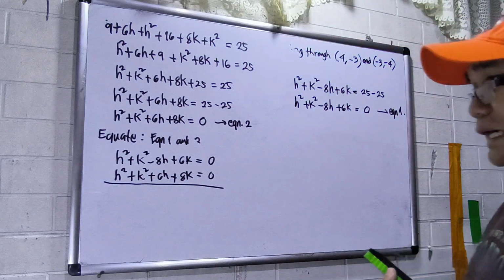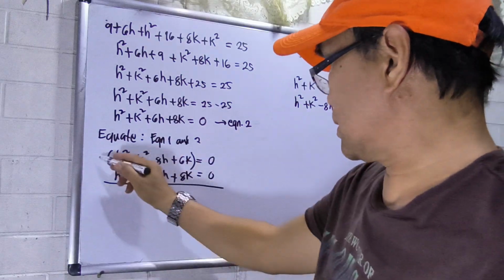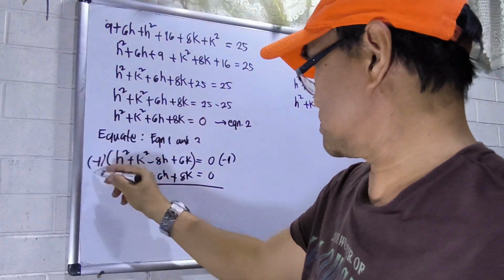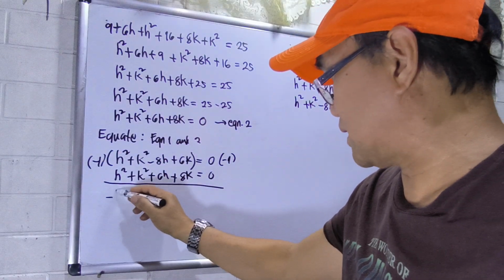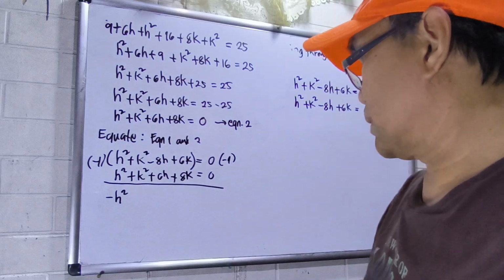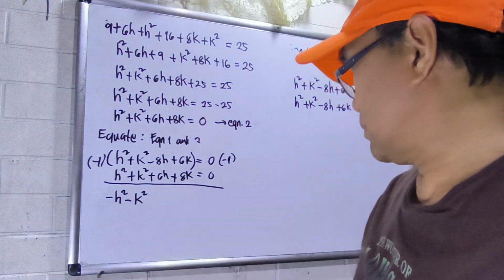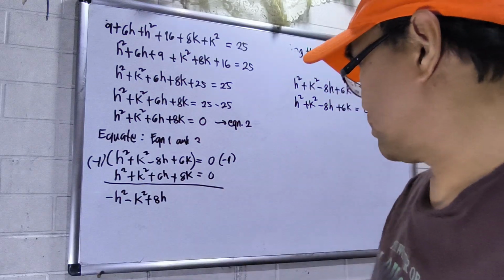Okay, I will multiply the first equation by negative 1, both sides. So negative 1 times h squared, that will be negative h squared. Multiply this one, negative k squared. Multiply, that will be positive 8h.